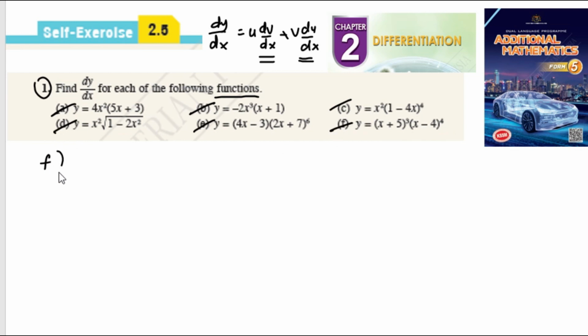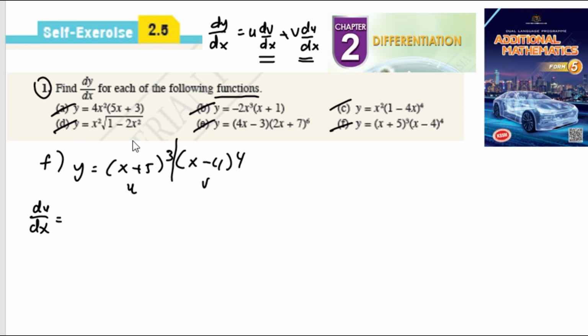If y is equal to x plus 5 to the power of 3, x minus 4 to the power of 4. So we know this one is u, this one is v. So du over dx is equal to, so you differentiate this one, you bring 3 forward, you get 3 here, so x plus 5. When you bring forward, you have to minus your power with 1.